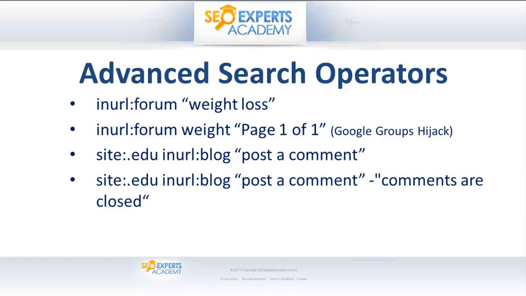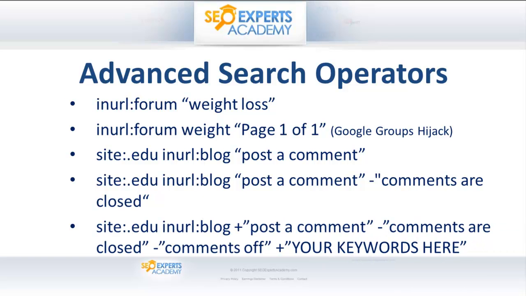In fact, I also like to add in the negative string of comments are closed. Just be careful that Google is reading your dash as a minus and not a dash. Otherwise, you get a whole bunch of pages back with comments are closed. So here, in theory, we should be able to go to quite a few of these sites and find good page rank on these .edu blogs where we can get a link with page rank on the page.